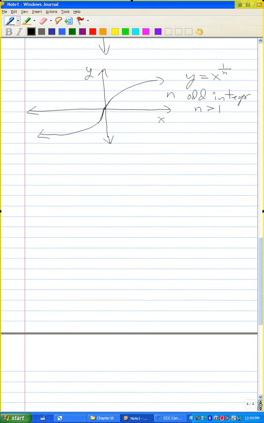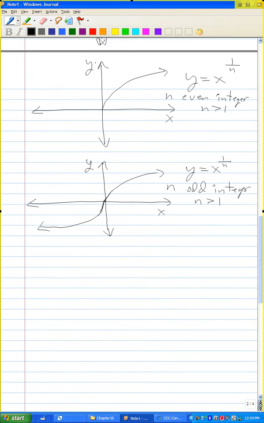But of course, being sure that they're defined, so some branches may not be defined. The graph of the absolute value will just look like this. So this is the graph of absolute value of x.